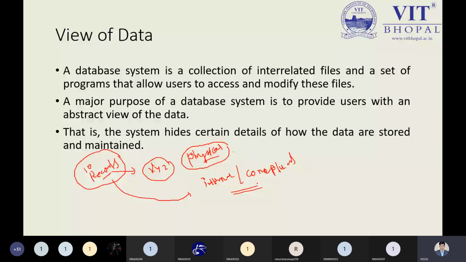And here you can represent your 10 records in a different way. Actual information is stored in the physical way. At the conceptual level, you are not bothered about that part. It is maintained by the database system only.